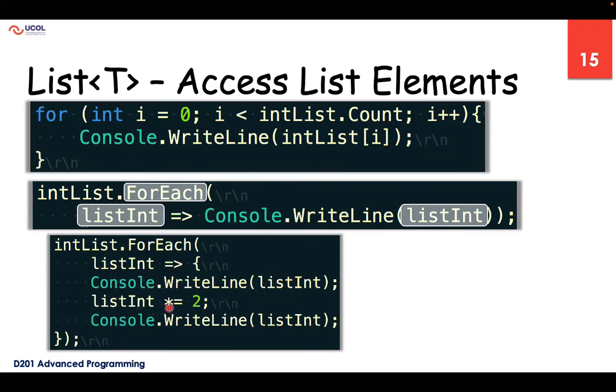Then we multiply the list element by 2 and save it in the list integer value, and then we print that again. So if we have a lambda expression with only one statement, we can simply write it in that line. Otherwise we have to put the brackets so that we can put multiple lines of code in that lambda expression.